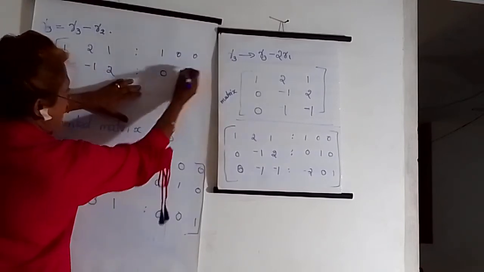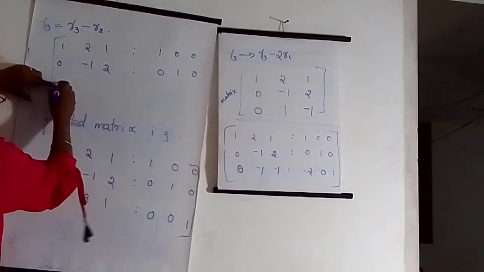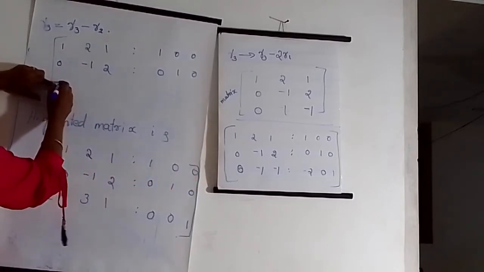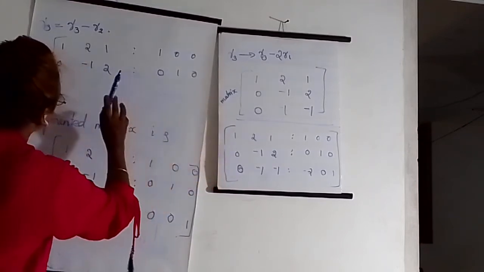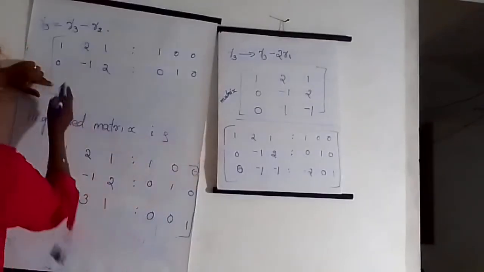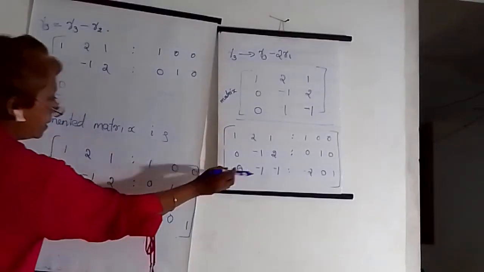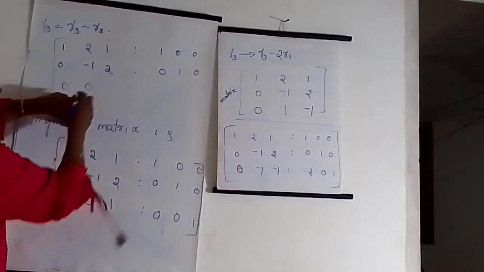0, 1, 0. Then now the third row is here. See this one. If we write 0 here, we are subtracting R3 minus R2. So 0 minus 0, it is 0 itself. Then negative 1 minus negative 1, it is 0 itself. See, we got 0 here.